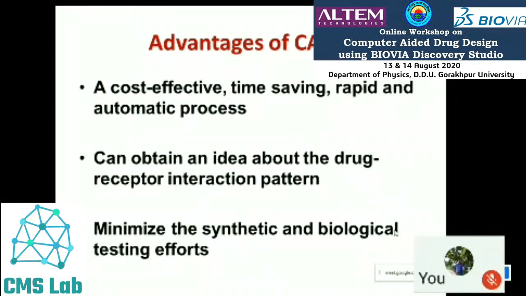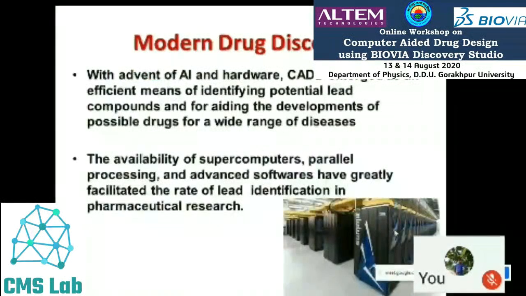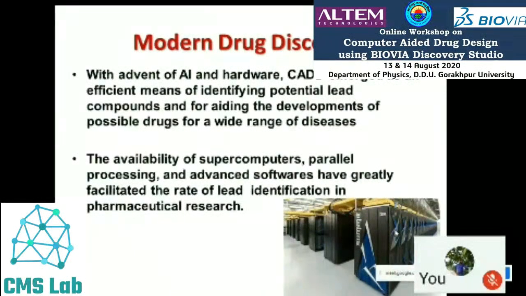In modern drug discovery, with the advent of AI, nowadays everyone talks about artificial intelligence. Artificial intelligence has been there for many, many years, since the 1970s and 80s, when they used it in a different way. But nowadays AI is a buzzword everywhere, even in automatic cars and energy technology, like Tesla and the advantages of automatic cars.